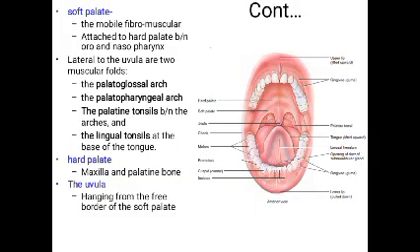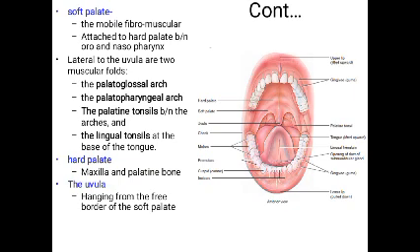Soft palate, the mobile fibromuscular part attached to the hard palate, between the oropharynx and the nasopharynx. Lateral to the uvula are two muscular folds, the palatoglossal arch and the palatopharyngeal arch, with the palatine tonsil between the arches, and the lingual tonsils at the base of the tongue.